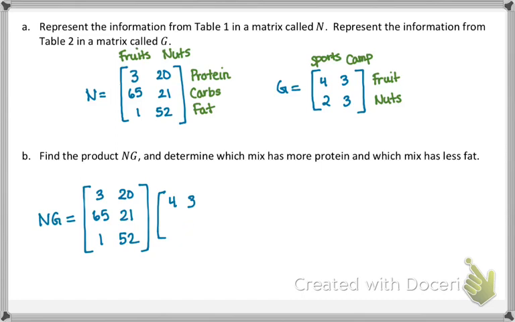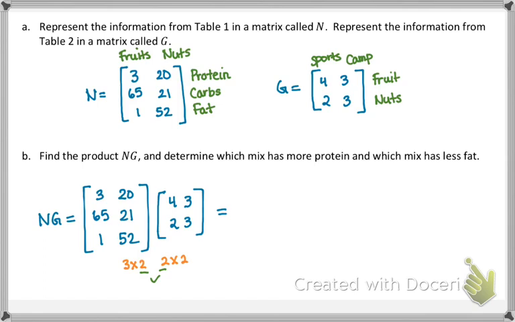And you can use a calculator to help you multiply. So we've got 3 by 2 times a 2 by 2. The number of columns in the first matrix matches the number of rows in the second matrix. That means yes, I can multiply them.